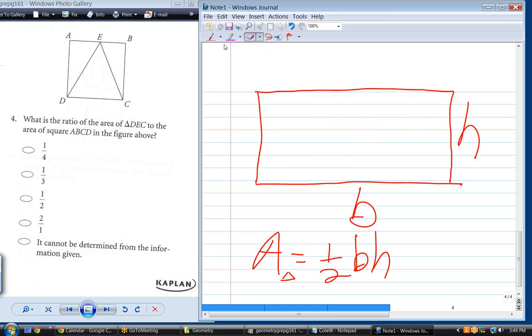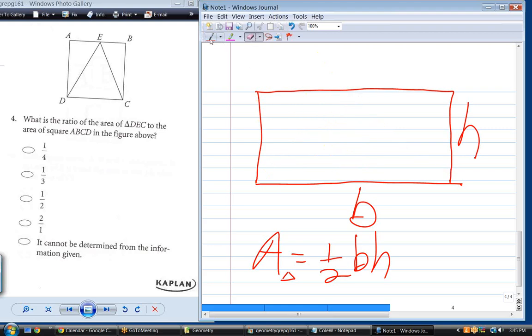Well, it turns out that it doesn't matter how I draw that triangle. I can draw the triangle like that. What's the area of the triangle? Always 1/2 times base times vertical height. So the area of this triangle must also be 1/2 the area of the rectangle, right?